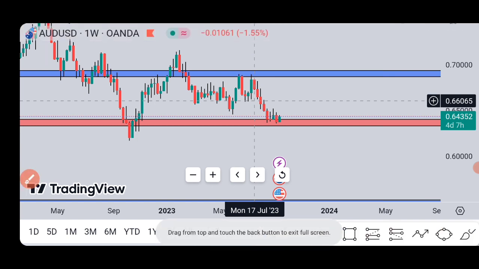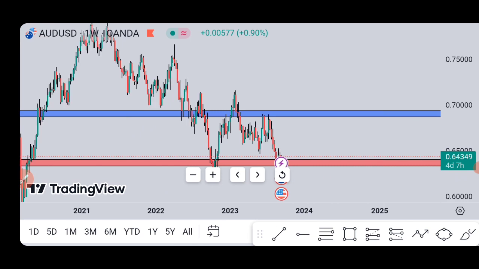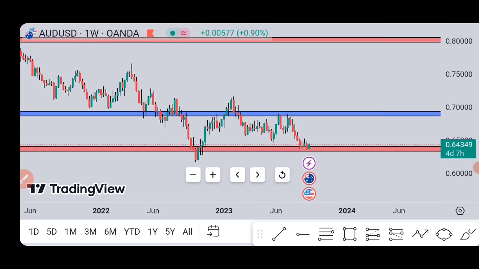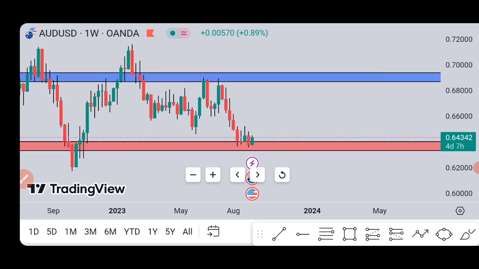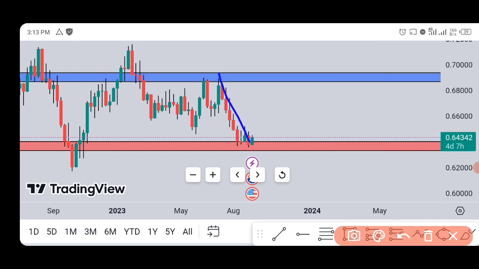Now AUD USD, the overall direction remains bearish, but on the weekly, guys, we have an impulse. After an impulse, you need a correction, then another push to the downside. Simple. So for now, I'm not selling AUD USD.